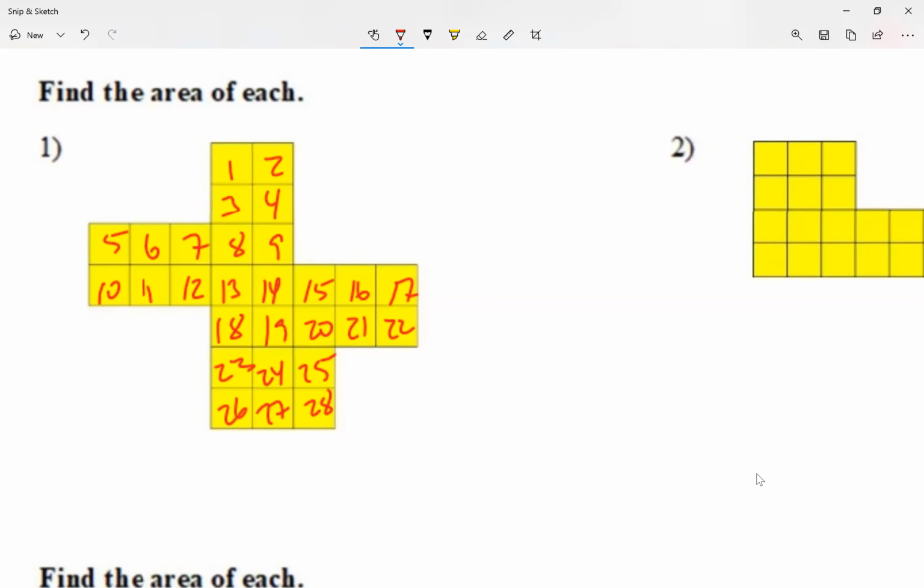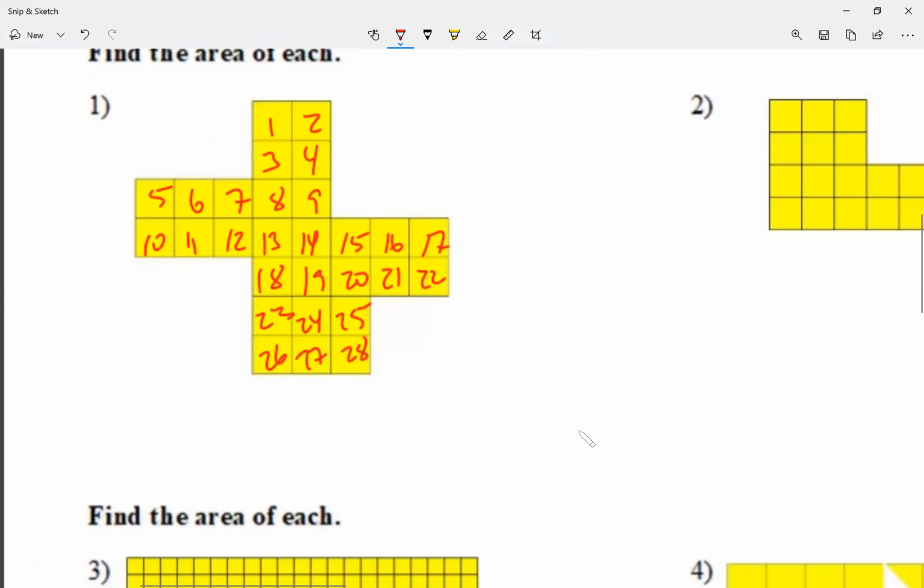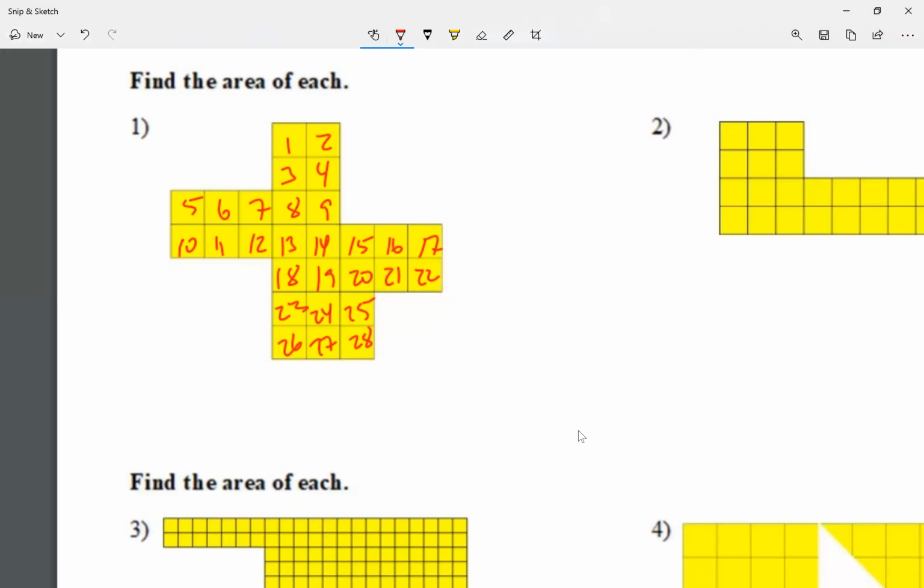Okay. So again, my question is, how many squares are there? Like when it says find the area of each, how many squares are there? My answer in this case will be 28. Like seriously, that's all I'm asking, just counting the squares.